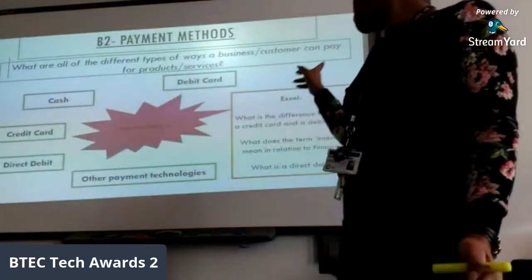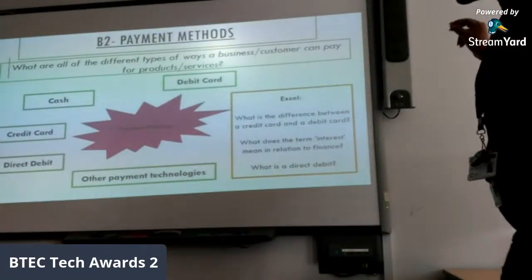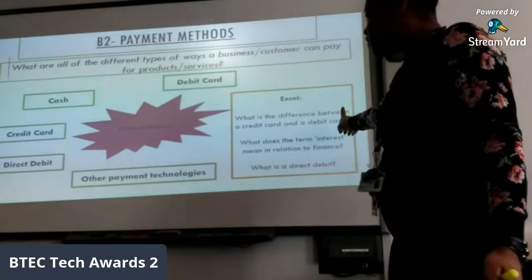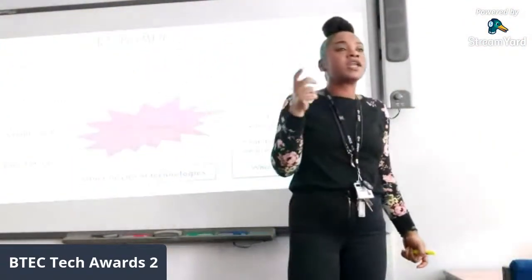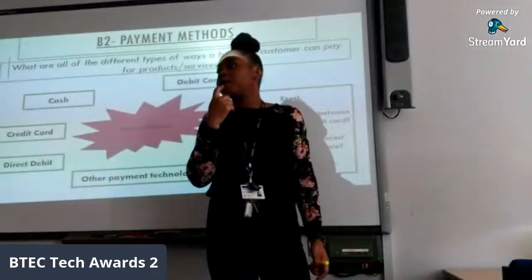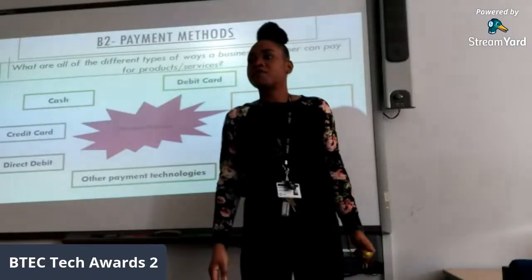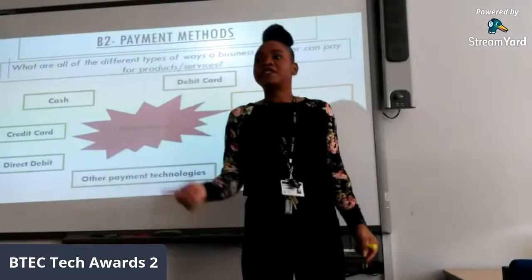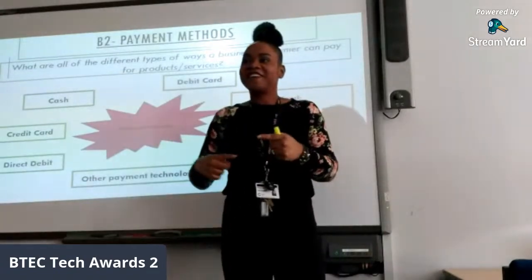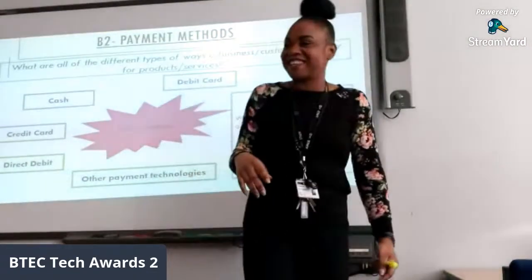So, what is the difference between a credit card and a debit card? Okay, let's start with the first question. What is the difference between a credit card and a debit card? Who can tell me? Debit card, they give you money and then you pay it back. That's the opposite. Yeah, that's not what you meant.